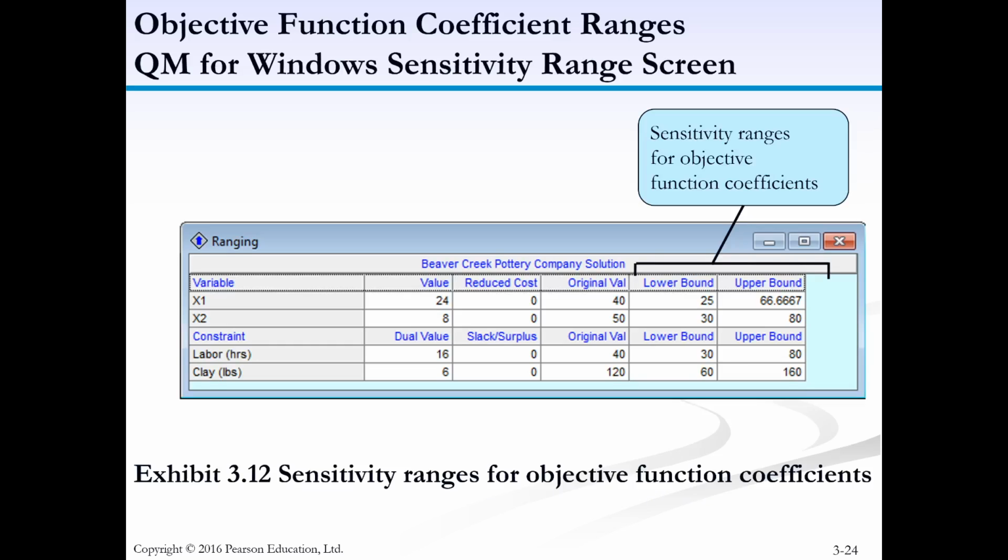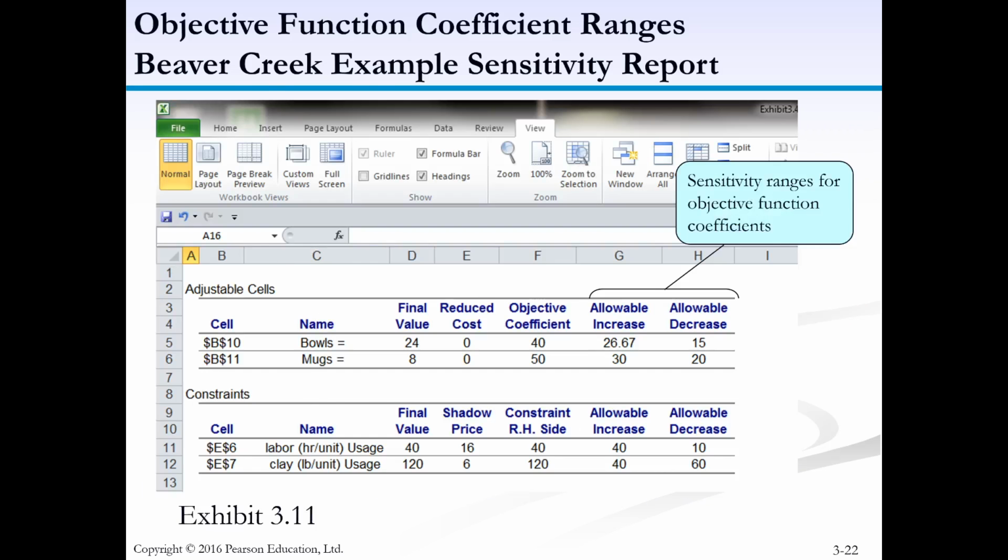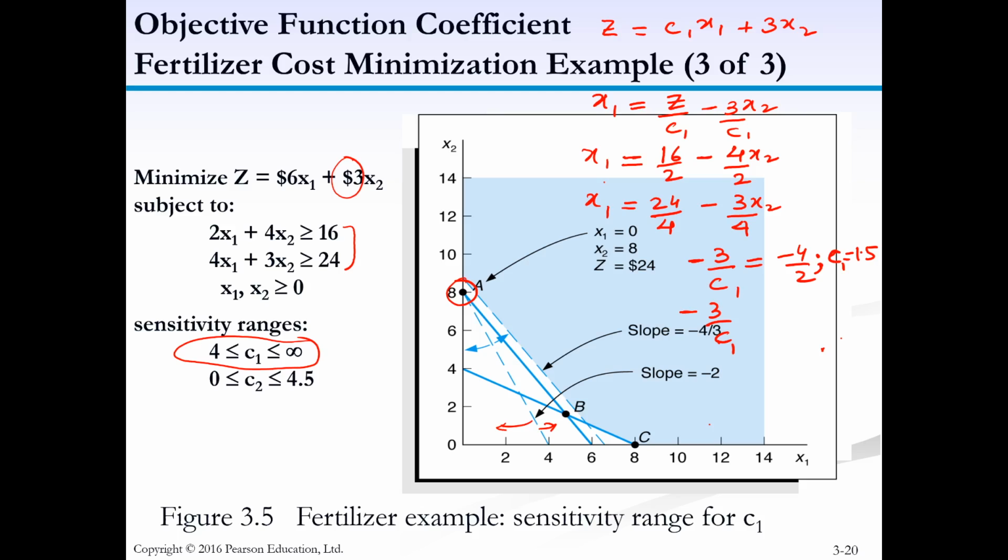Let me go back here, something didn't go well. Yes, here: −3/C1 is equal to −3/4. And then what we get is C1 = 4.